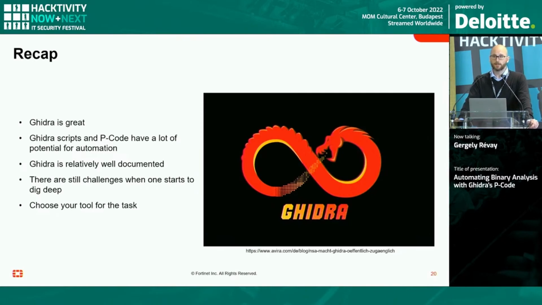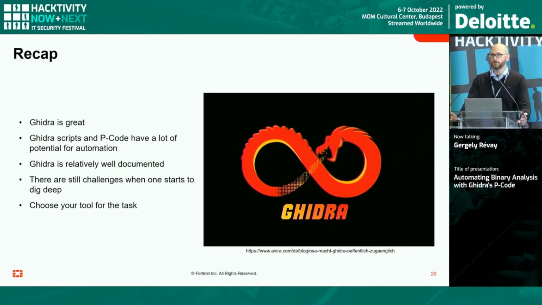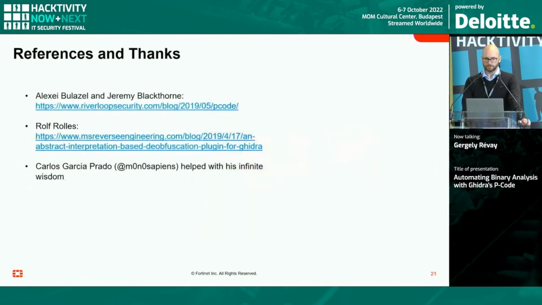It's very well documented. I actually much prefer the documentation of Ghidra over IDA Pro's documentation. But ultimately, I'm not a fanboy. I prefer to choose the tool depending on the task. So if your task requires you to use Ghidra and P-Code, then use that. If you want to use Binary Ninja or IDA Pro, then do that.